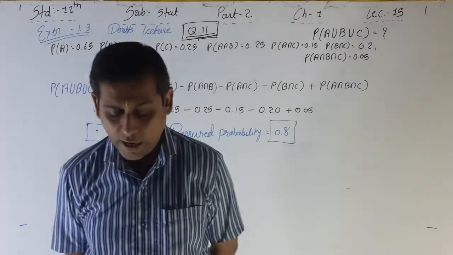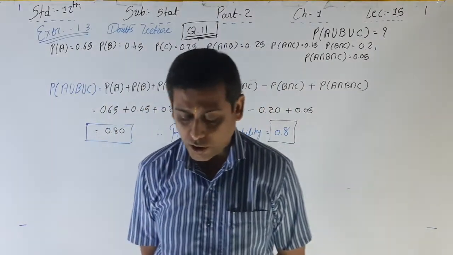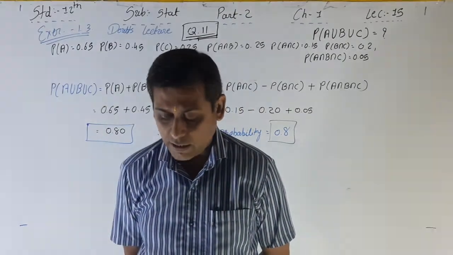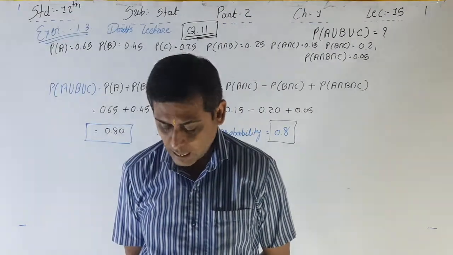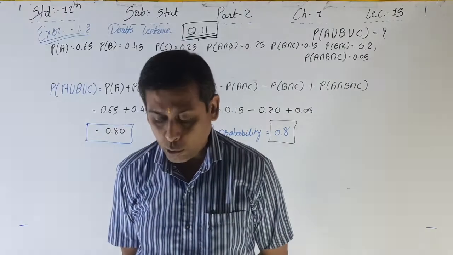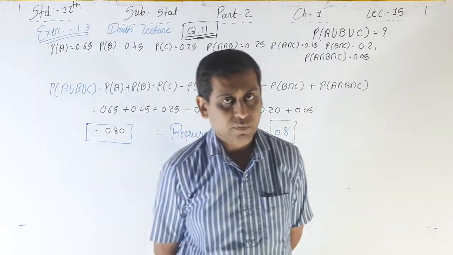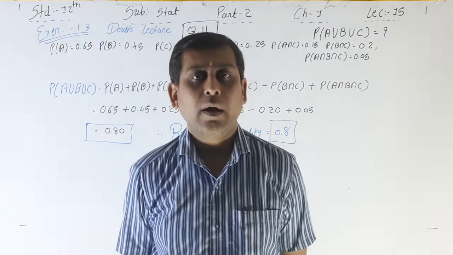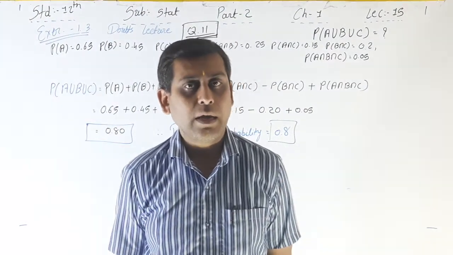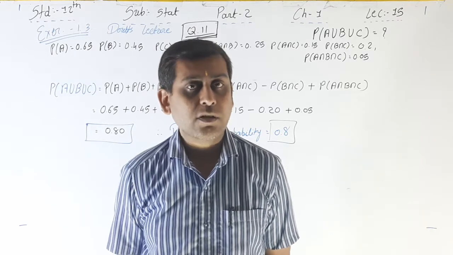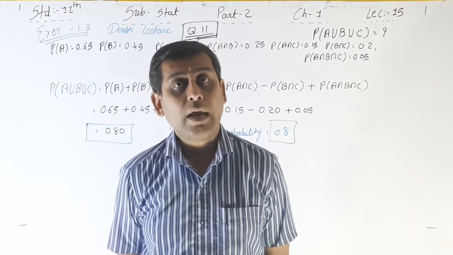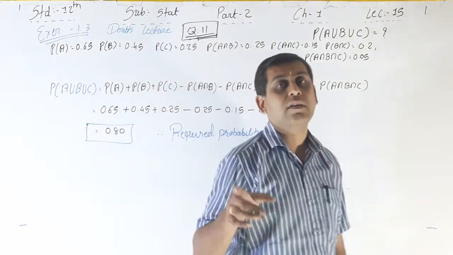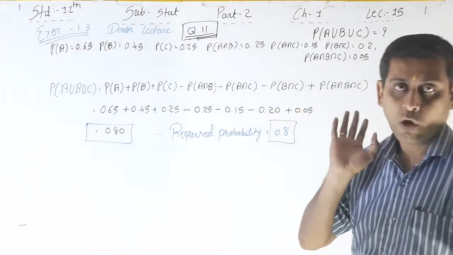I am reading the next question, question number 12. Three events A, B and C in a sample space are mutually exclusive and exhaustive events. What is the condition for mutually exclusive? A intersection B, A intersection C, B intersection C, or A intersection B intersection C, all intersections are null set, that means 0 always.